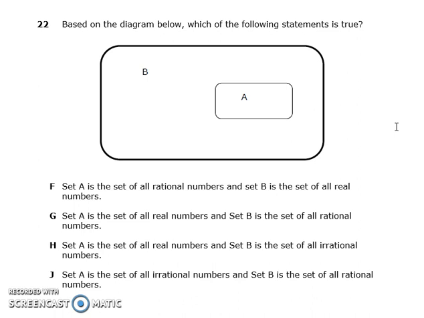F. Set A is a set of all rational numbers, and set B is a set of all real numbers. G. Set A is a set of all real numbers, and set B is the set of all rational numbers. H. Set A is a set of all real numbers, and set B is a set of all irrational numbers. J. Set A is a set of all irrational numbers, and set B is a set of all rational numbers.